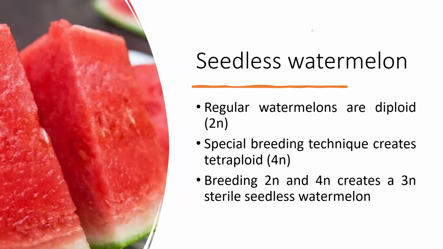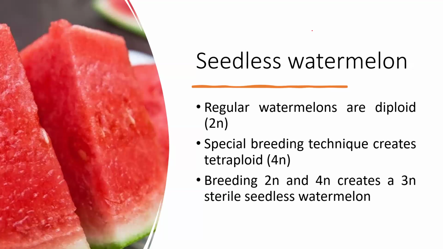Now, you're thinking, how does 2 and 4 become 3? In sexual reproduction, when you produce the sperm and the egg, you divide the number of chromosomes by half. Plants also have sperm and eggs. We just don't call them sperm, we call them pollen. So for the 2N watermelon, their gametes are going to be N, because 2N divided by 2 is N. You with me?